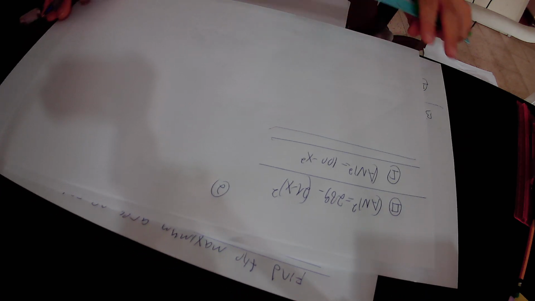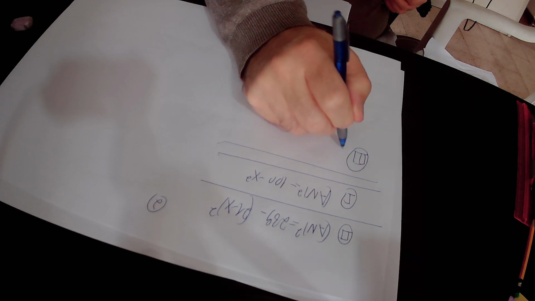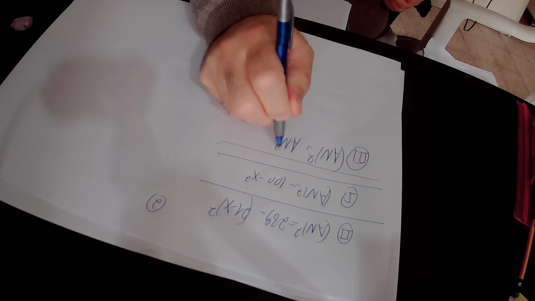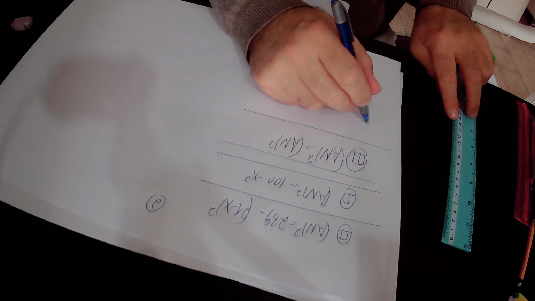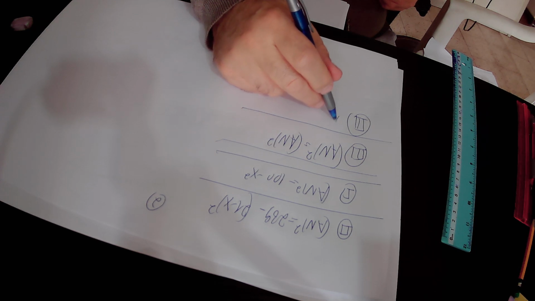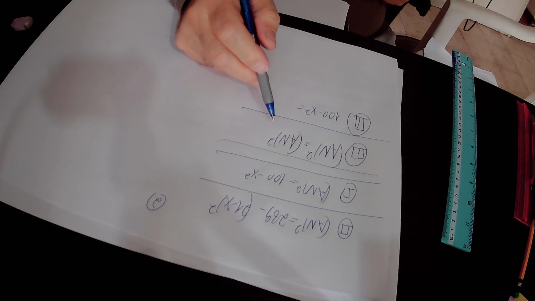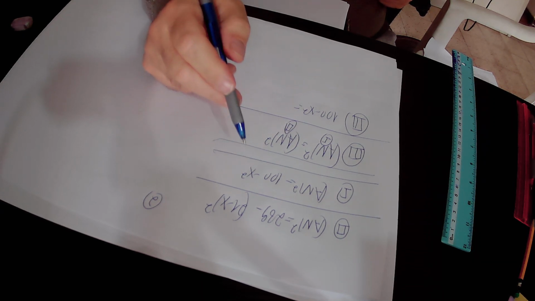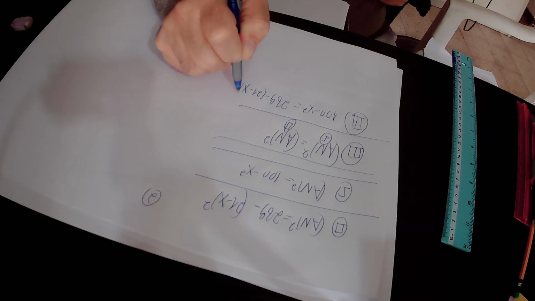In the next step, we create equation 3, which states that AN squared according to equation 1 must be equal to AN squared according to equation 2. So AN squared according to equation 1 is 100 minus x squared, and it must be equal to AN squared according to equation 2, which is 289 minus (21 minus x) squared.